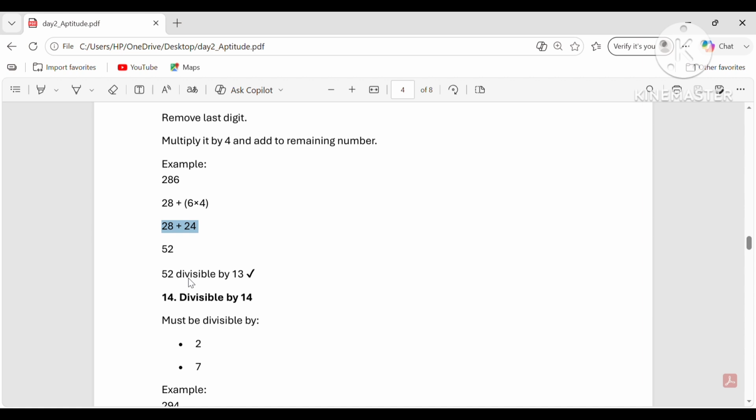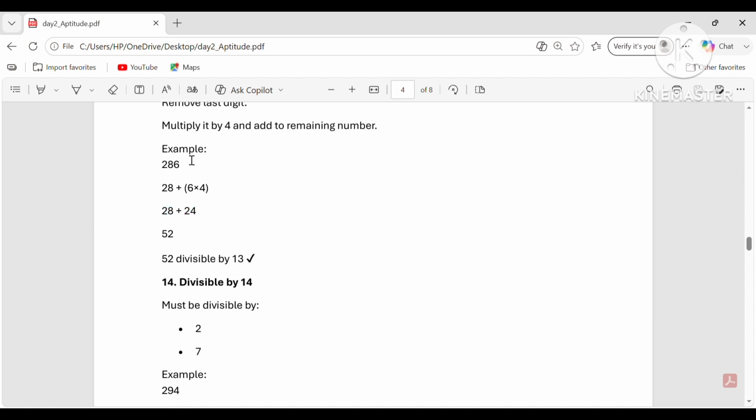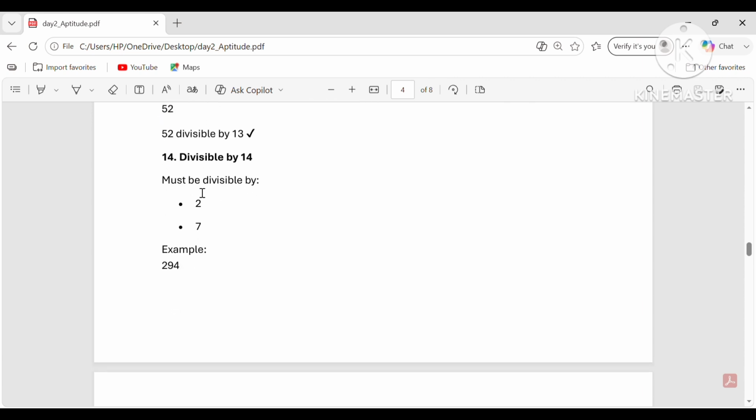We need to remove the last digit. Here the last digit is 6. We removed 6 and multiplied it by 4, and we got 24.